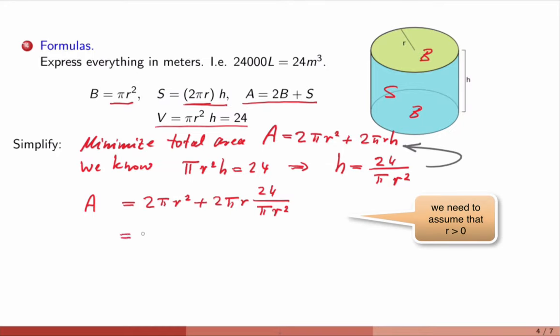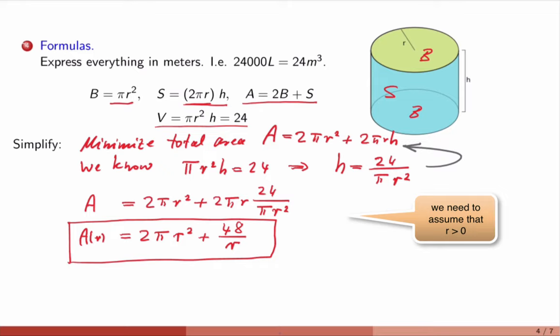Then I can simplify a few things. I keep the 2 pi r squared. Now the 2 multiplies with the 24, it gives a 48. The pi cancels with the pi, 1 r cancels with 1 r, so then we get 48 divided by r. So now this is a formula a of r, which only depends on one variable r and no longer on two. We have one equation for the area which depends on the radius, so now we can optimize.